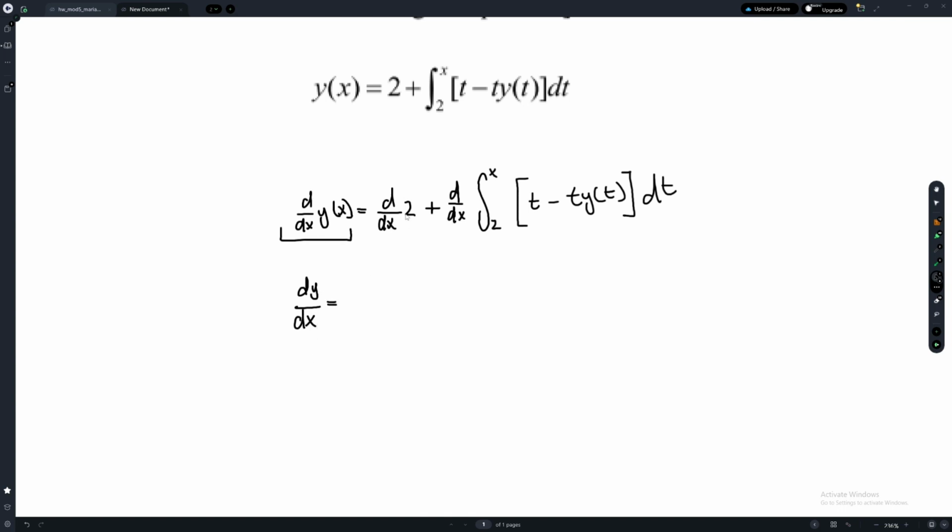equals, when I differentiate 2, the derivative of a constant is 0, right? Plus, now I am going to differentiate this integral.